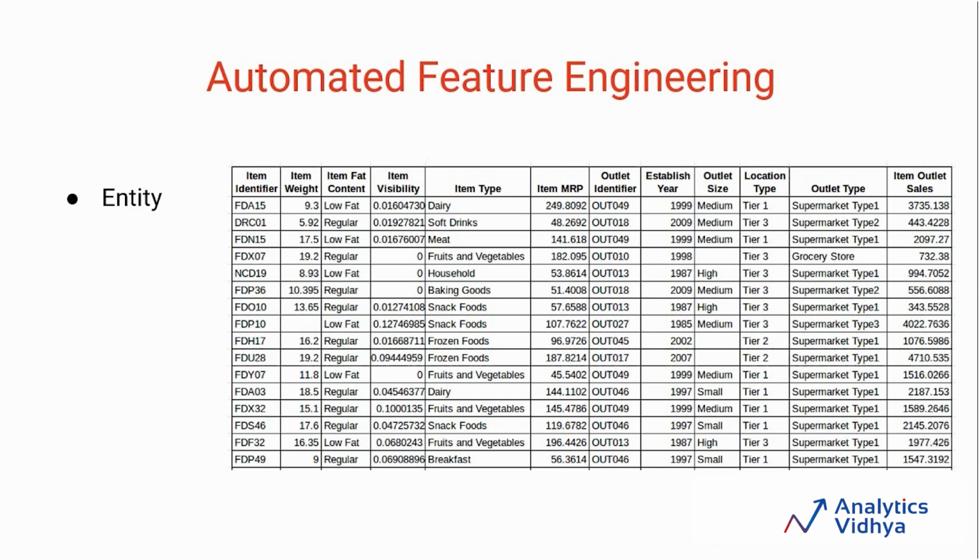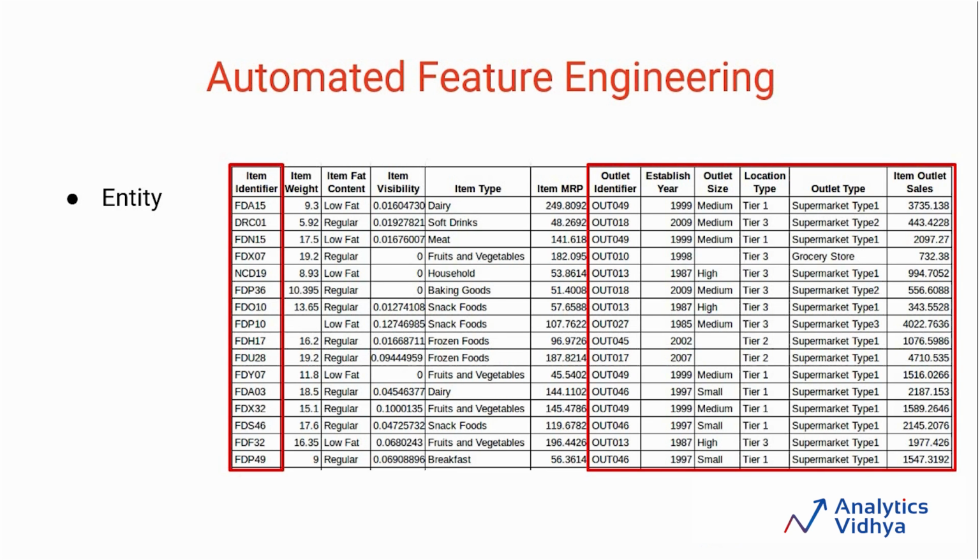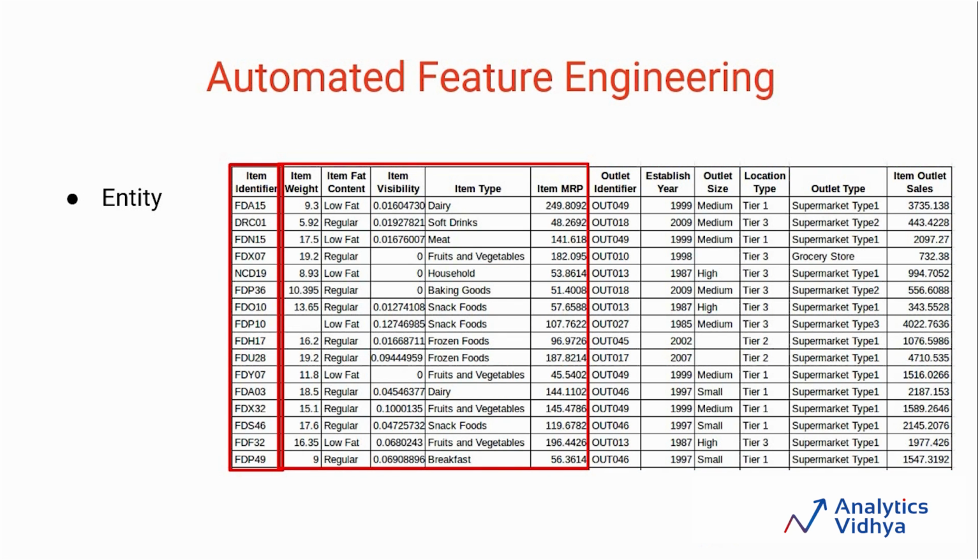For now, we only have one data frame here, but there can be multiple. For instance, if we have a data set that holds only the variables that you can see in the red border here, like item identifier, outlet type, outlet size, etc. While we have another data set that contains the details about things like item weight, fat content type, and so on.